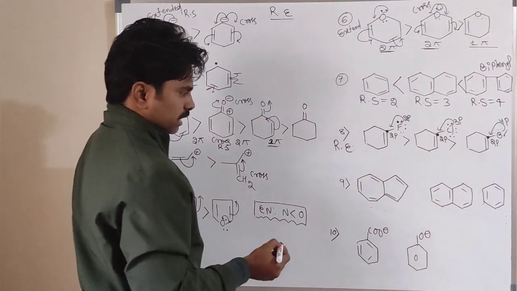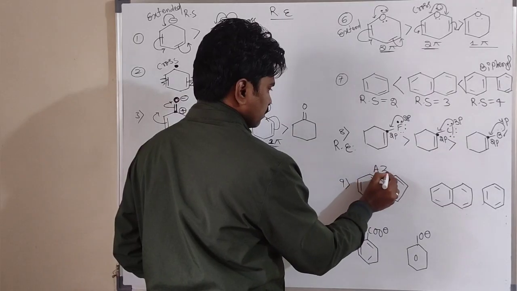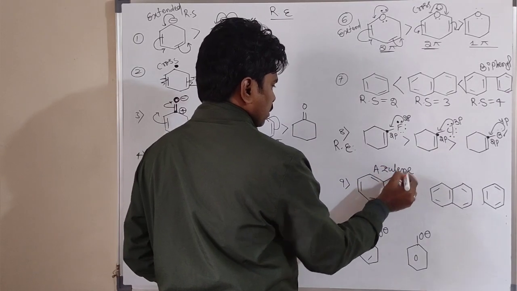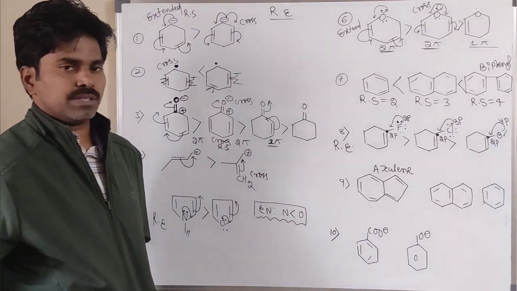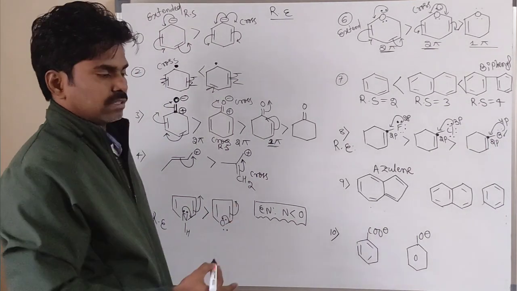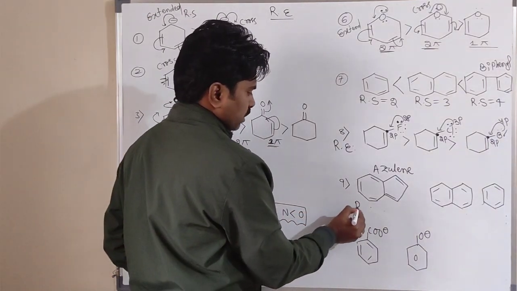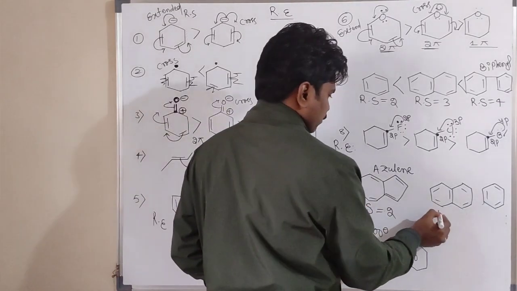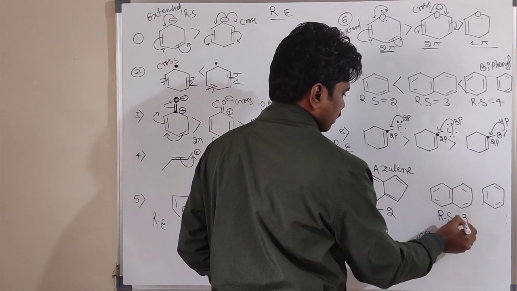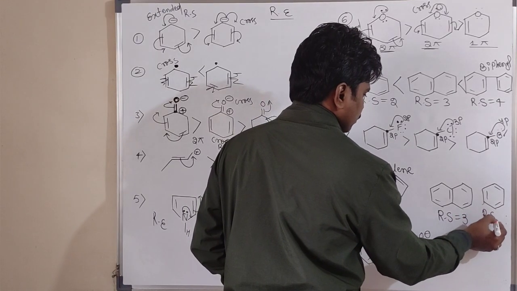Okay, right. Next, this is azulene. How many resonating structures will azulene give? In the previous class, I already said how many resonating structures it will give. It will give 2 resonating structures, naphthalene will give 3, and benzene will give 2.